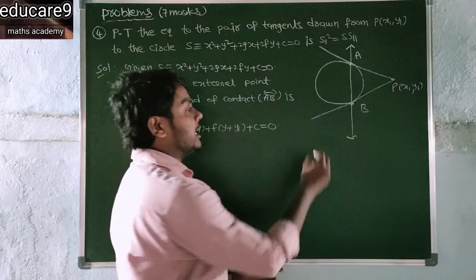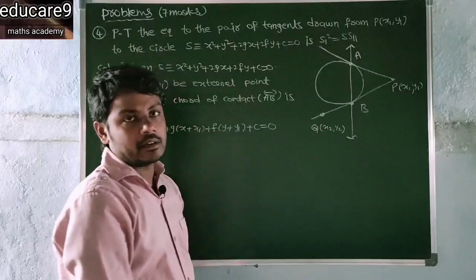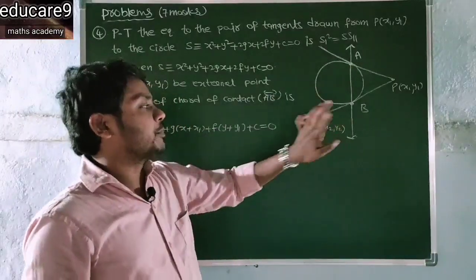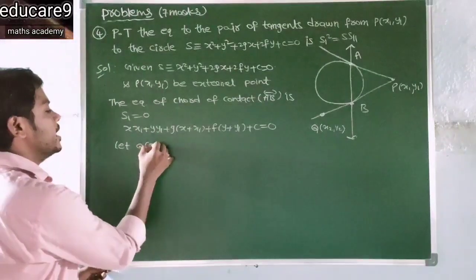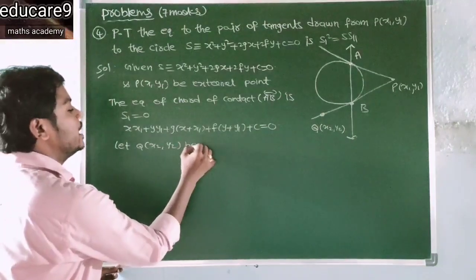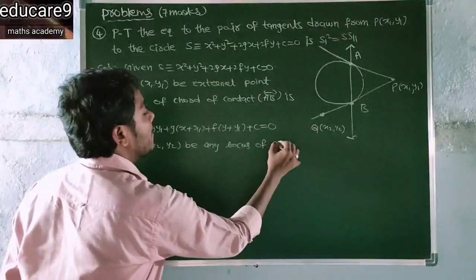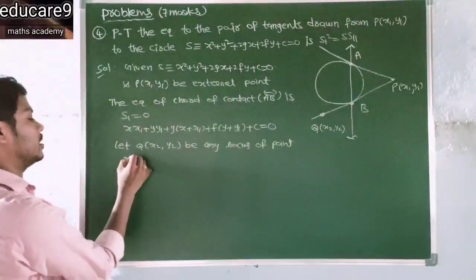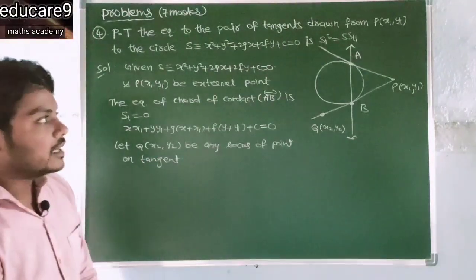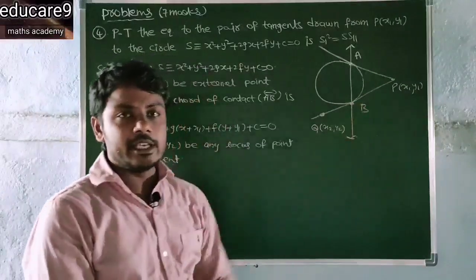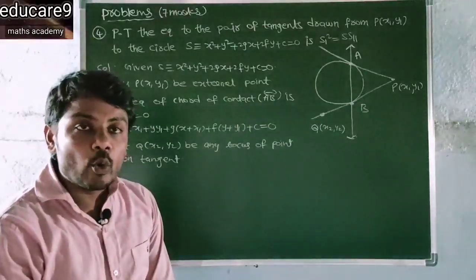And assume that Q is any point on the tangent, either PA tangent or PB tangent. Okay. So here let Q(x2, y2) be any locus of the point on the tangent. Then clearly this AB, the chord of contact, divides the line segment PQ.